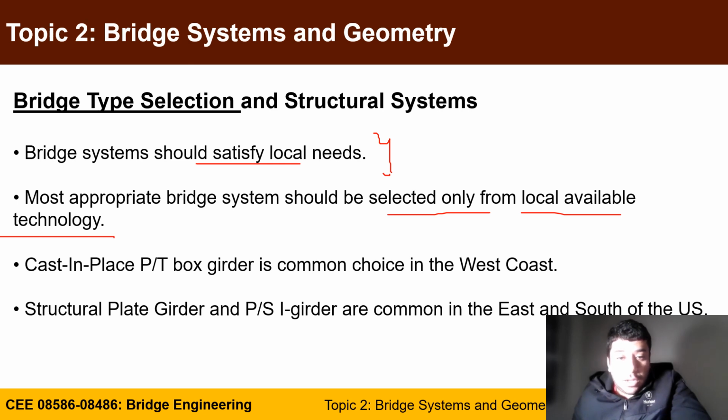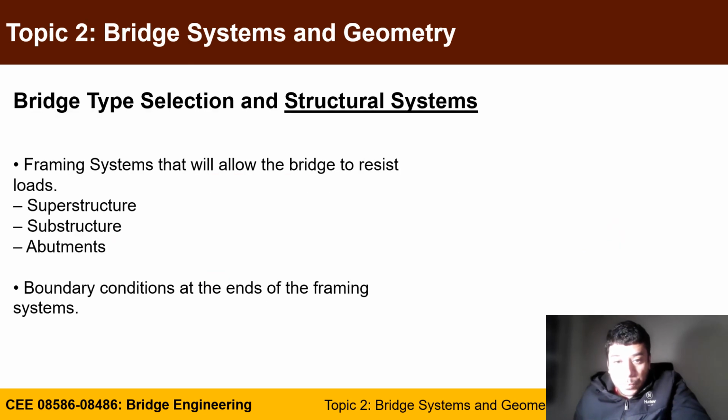In general, post-tensioned pre-stressed box girders are very common on the West Coast, especially California, and structural steel built-up girders and pre-stressed I-girders are very common on the East Coast and the southern region of the US.